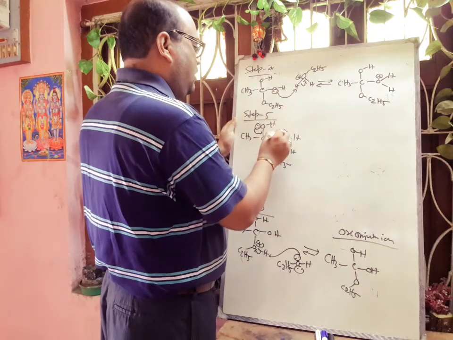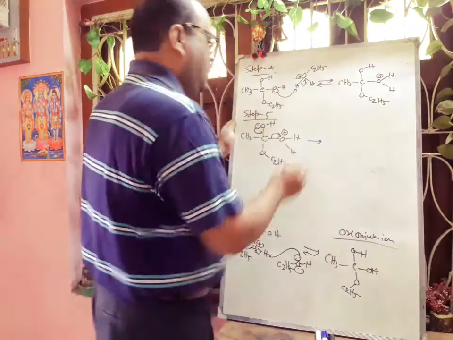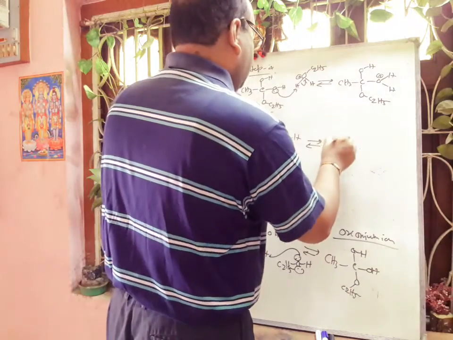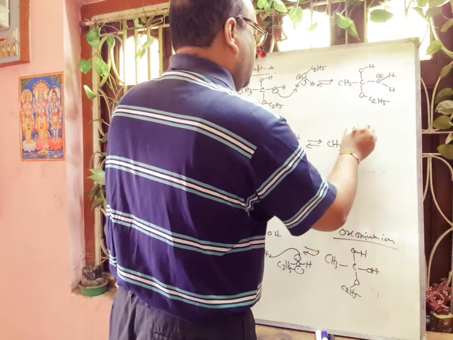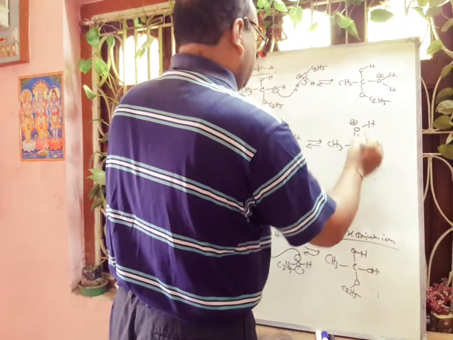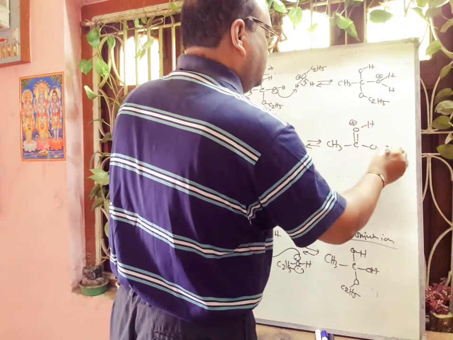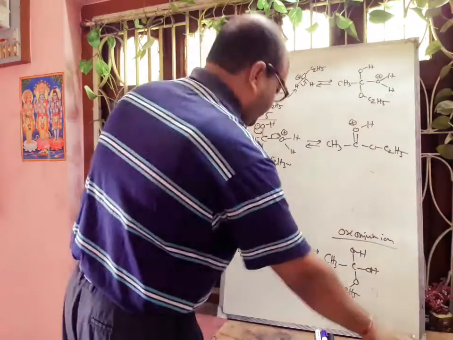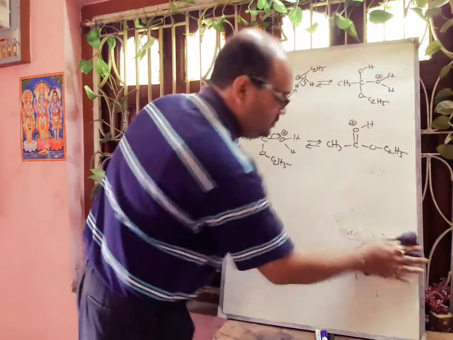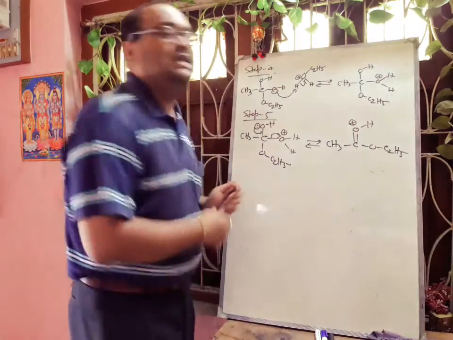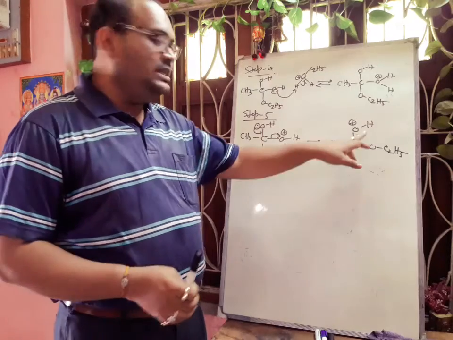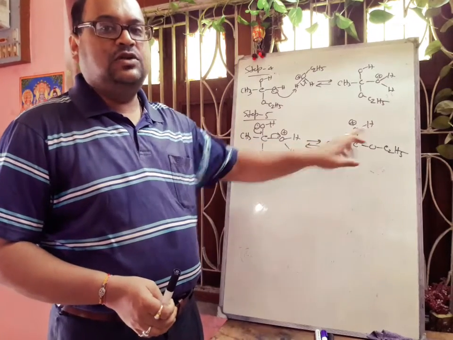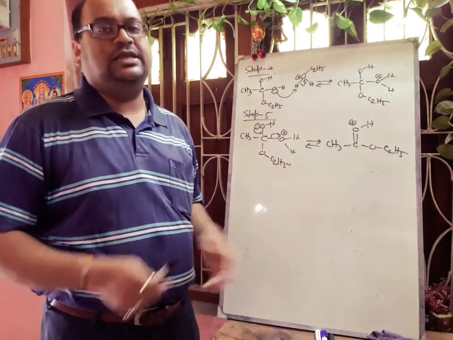It will lose the water molecule and form the protonated ester. Next, in the last step, what will happen? These protonated esters lose a proton to form a neutral ester molecule.